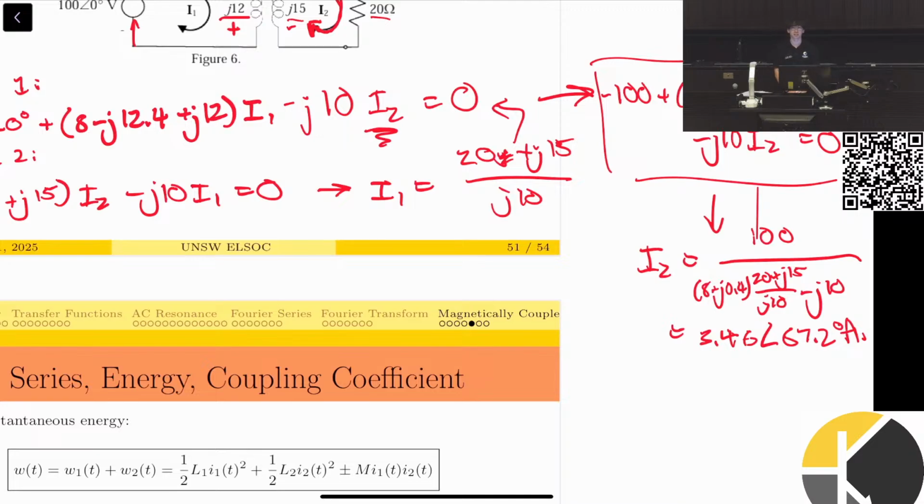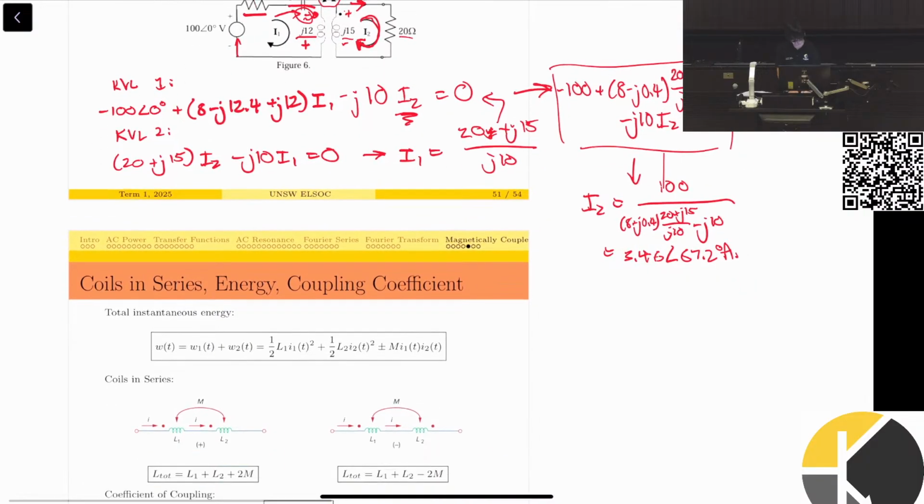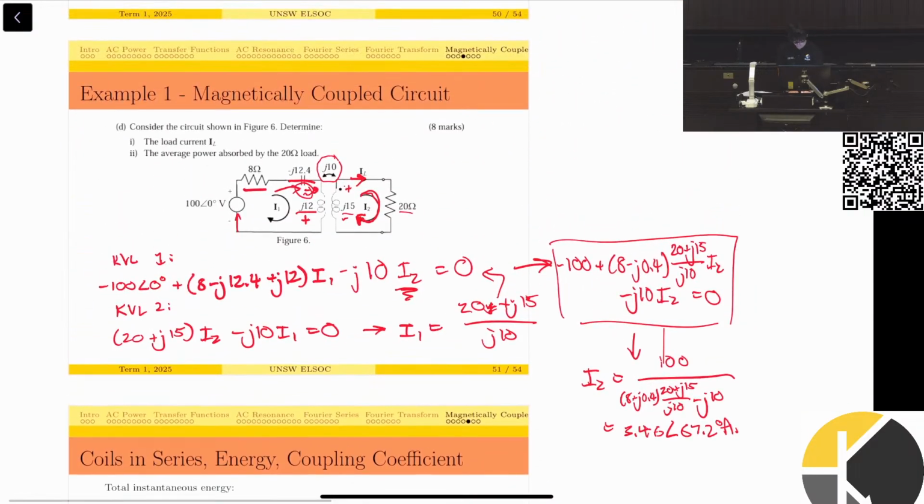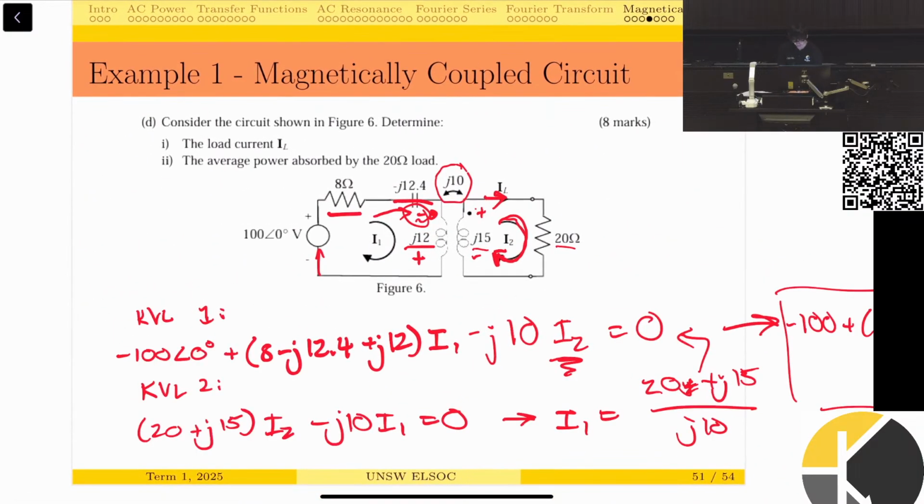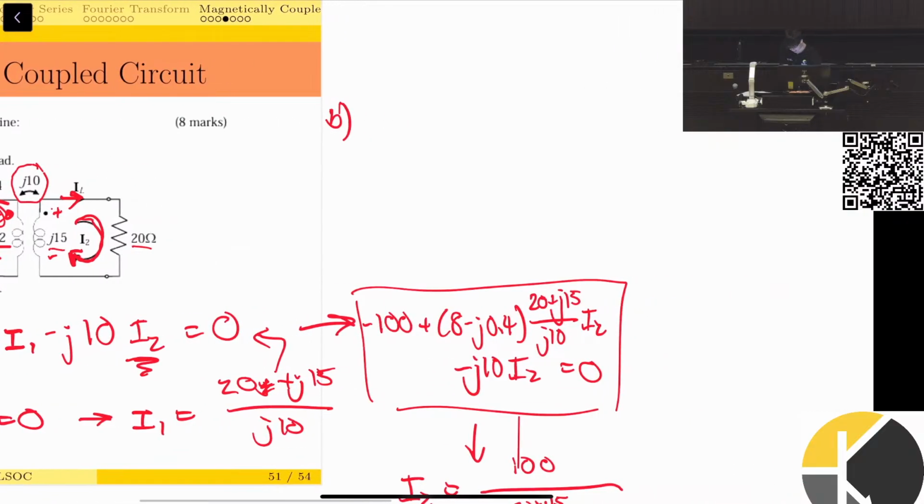Any questions about magnetically coupled circuits? Okay. The second part is finding the average power absorbed by the load, 20 ohms. So to quickly do this, as covered by Josh, to find the power, we're using current, and we found current.